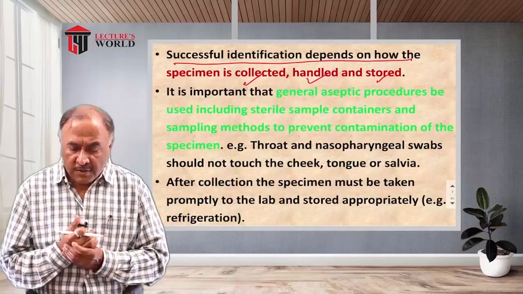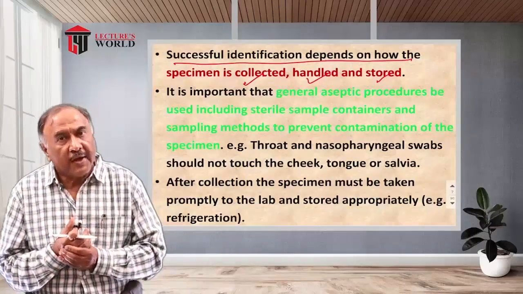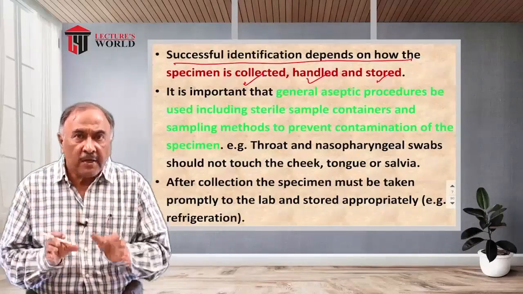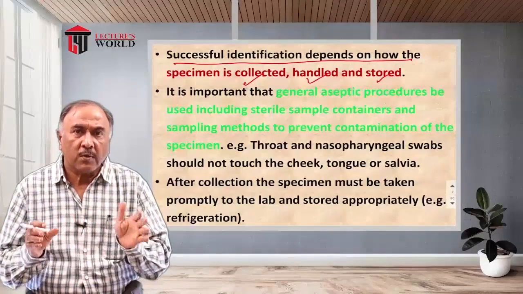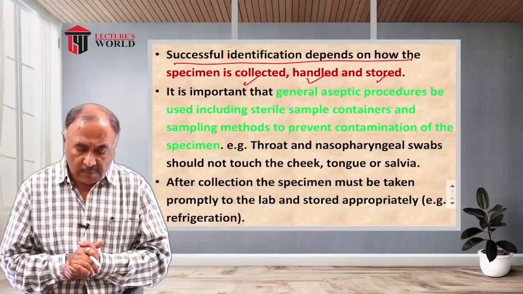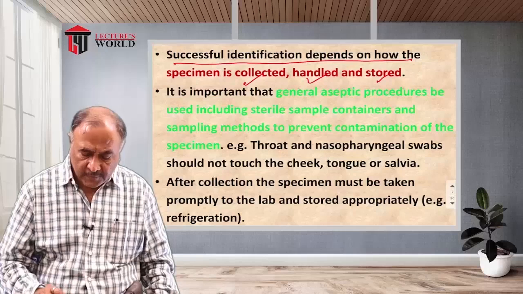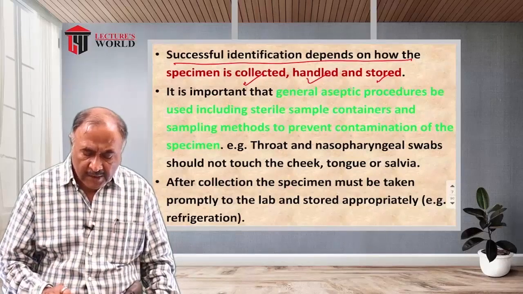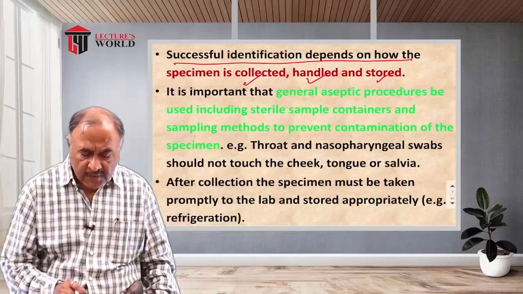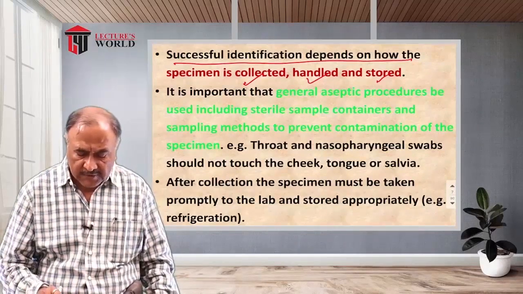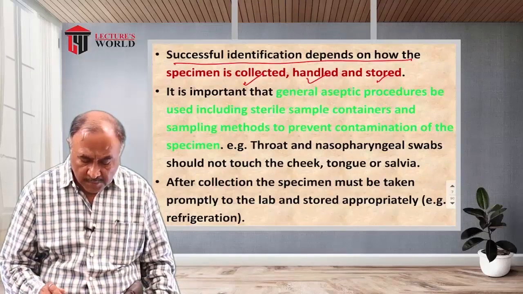Here a higher concentration of phenol is used and therefore it does not require heat for penetration of ZNCF into the mycolic acid components of the cell wall. This is the procedure. And finally, how would the acid-fast bacteria appear? These are the morphologies, the ways by which these mycobacteria would appear.